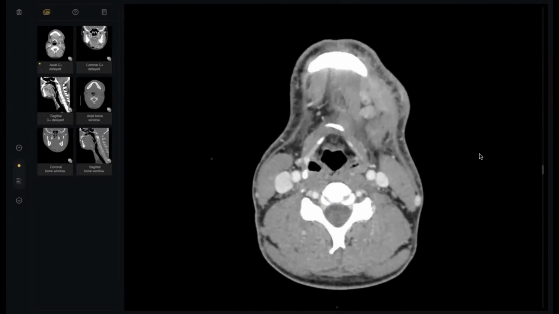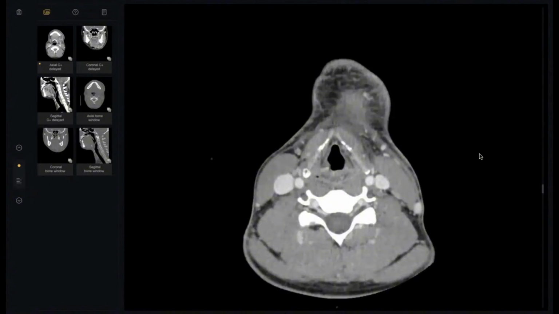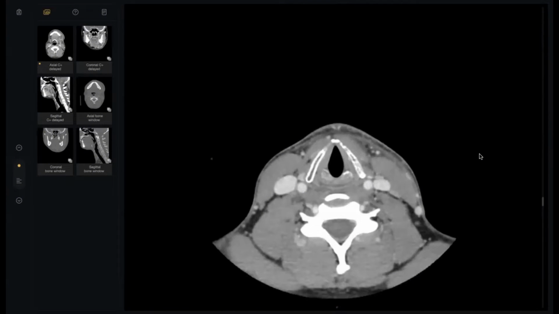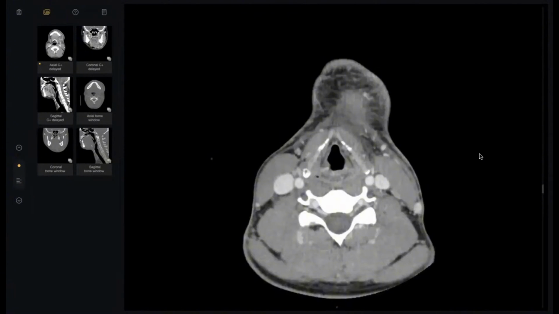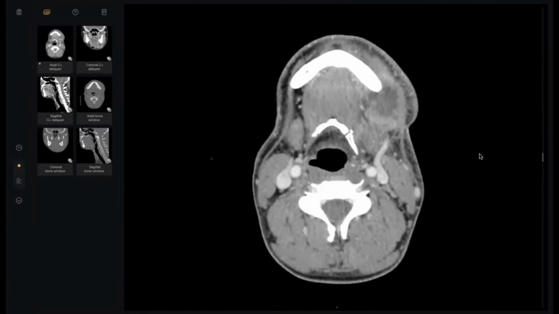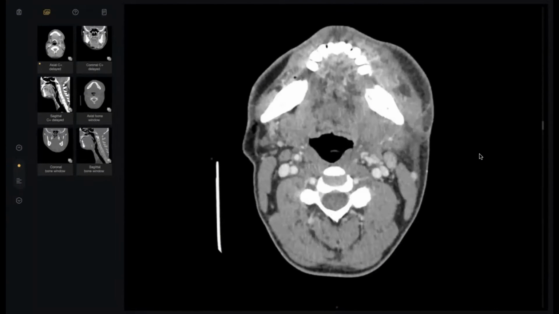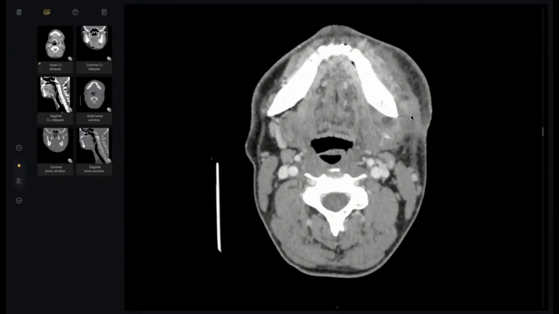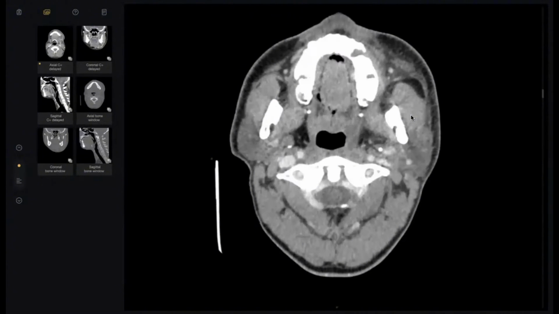Okay, I can see that there is evidence also of multiple lymph nodes surrounding. Okay, I can see that the blood vessels within the neck appear normal, the external carotid and the internal carotid. Only multiple enlarged lymph nodes, and this enhanced lesion with central necrosis.